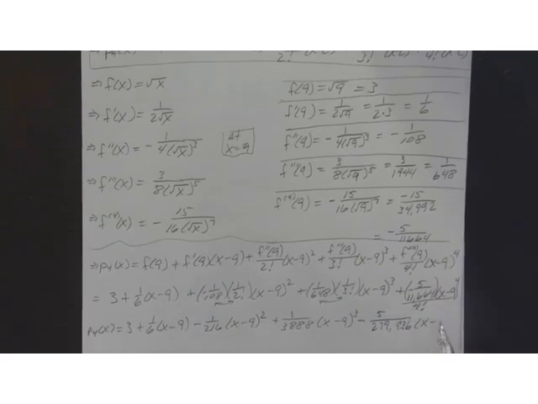So busy worrying about 4 factorial. So it should be divided by 4 factorial. I was concentrating on squeezing all of that into one spot. So if we get 11,664 times 4 factorial, we'll get 279,936 times x minus 9 to the fourth power.